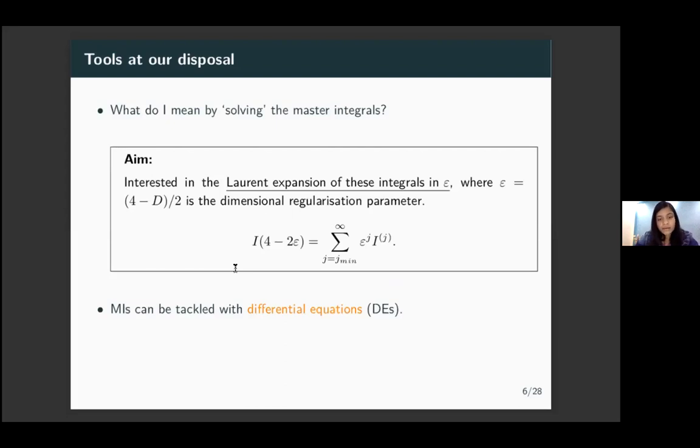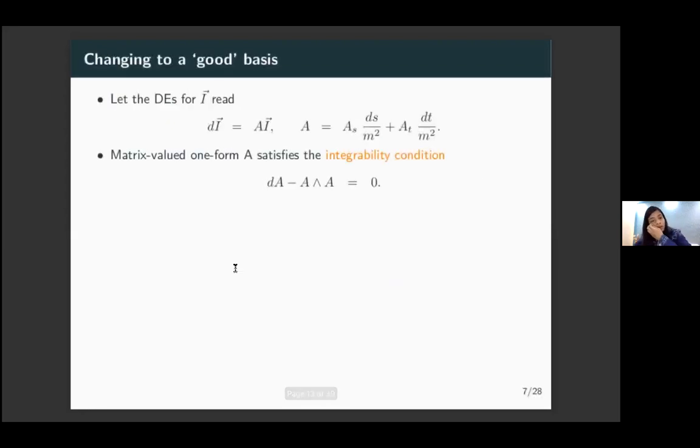And yeah, in the field of solving master integrals with the help of differential equations, there has also been a lot of progress already. So to explain it further, let's suppose, as I already said, I have a set of master integrals. I can derive them and get the matrix, which looks like this, and you have to use basically all the invariants. So this A will be given in terms like this.